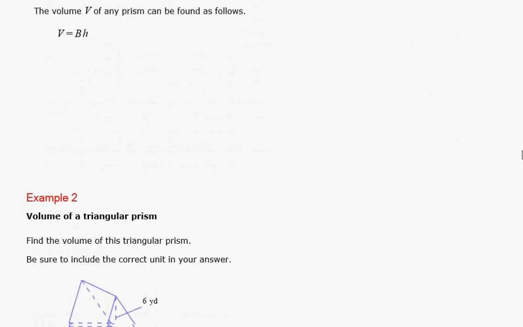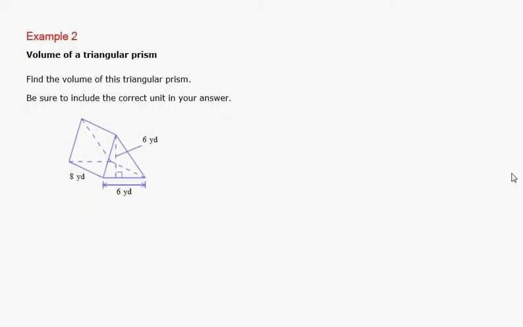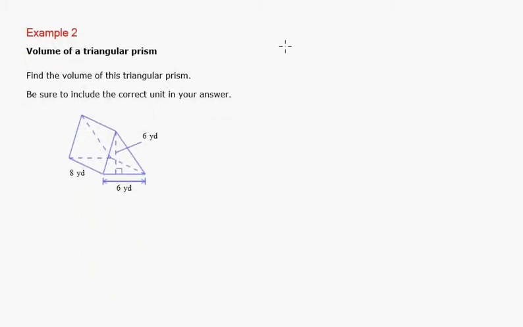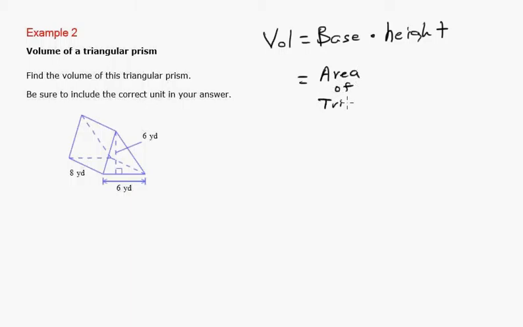Okay? Let's try one more. So I kind of like to think of volume. We can call it the base times the depth, or the height. But to me, the base is the area of the triangle times the height of the prism.